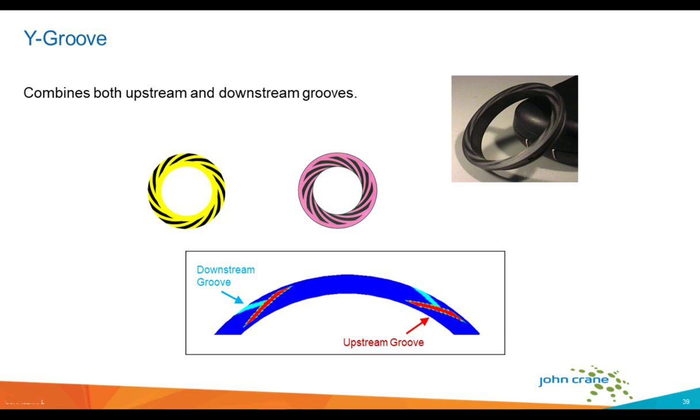What you're also doing by utilizing that upstream groove is that fluid tends to take the path of least resistance and doesn't migrate to the lower pressure side of the seal. It will return its flow back to the higher pressure side, so your leakage is much less than comparative plain face seal designs in these applications.